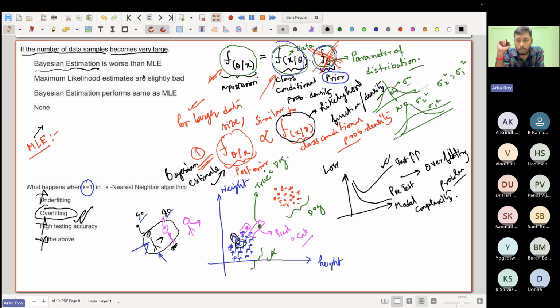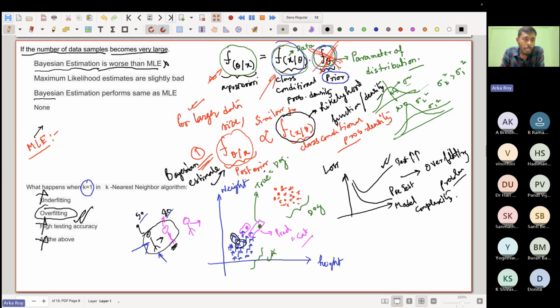For that, you use MLE. But Bayesian estimate is basically the posterior probability through which you try to get the class identity. So this statement has nothing to do with whether it is worse or better than MLE.